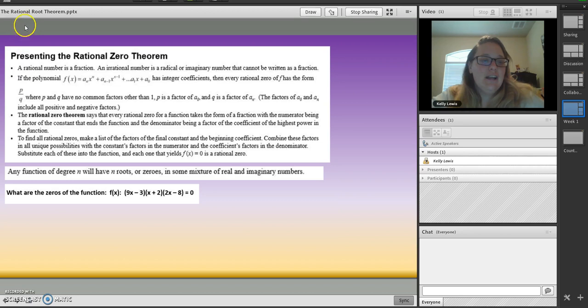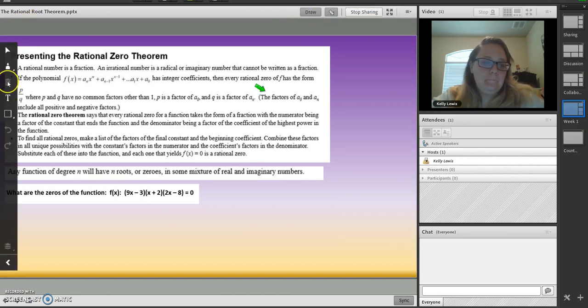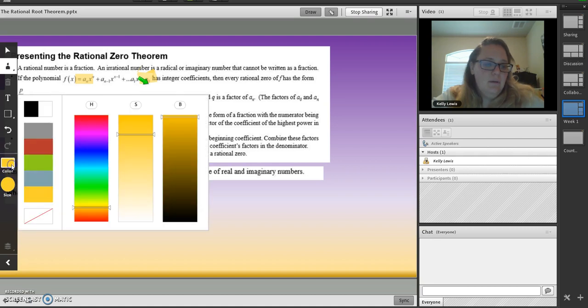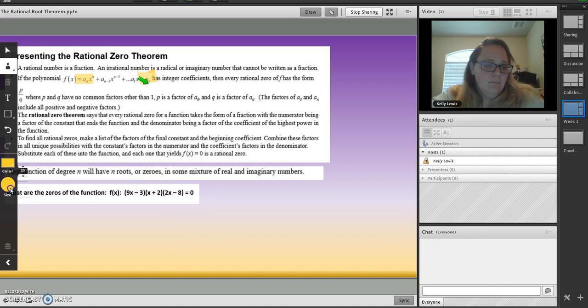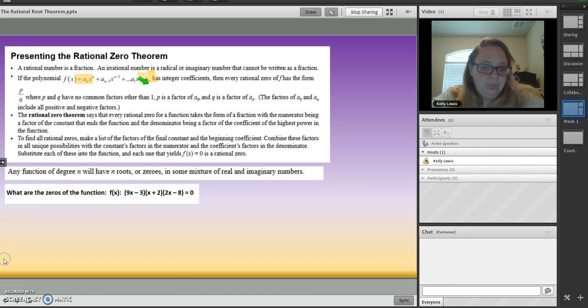The rational zero theorem is, basically, we are going to take the factors of the leading coefficient, and we're going to take the factors of the last one. And we're going to make a fraction and then see which one of those works.